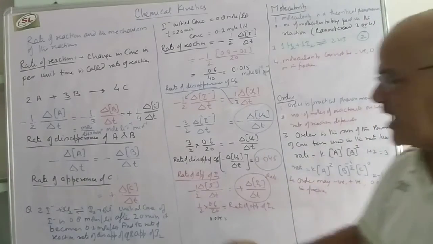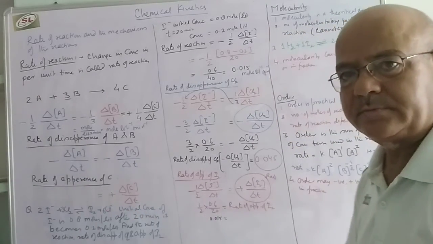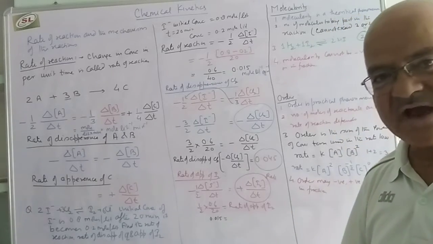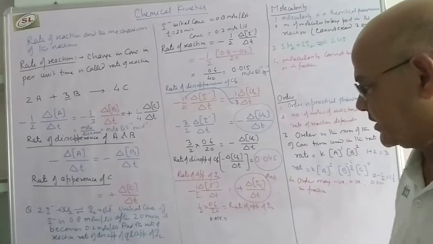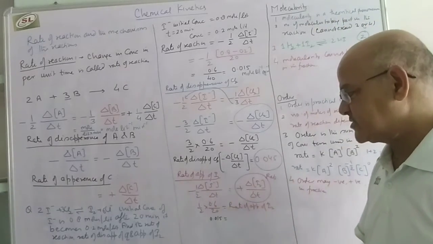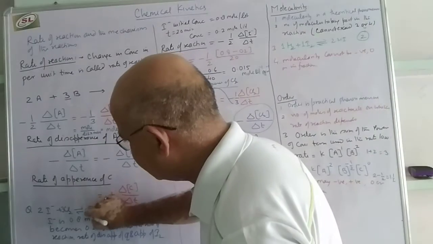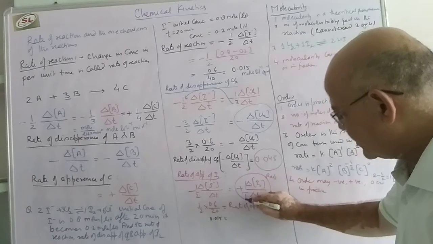Now we have to calculate the rate of appearance of I2. So first of all, we will write the rate of reaction in terms of I minus and I2. So this will be the rate of appearance of I2. Here the stoichiometry of I2 is 1.